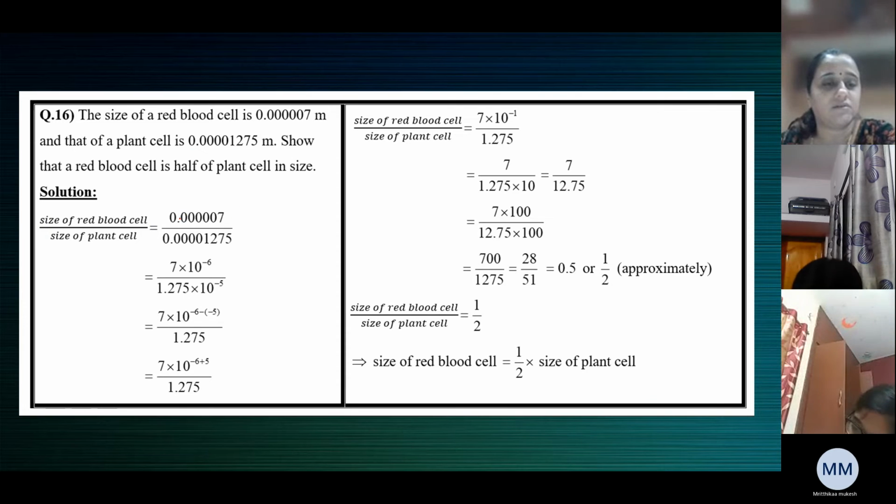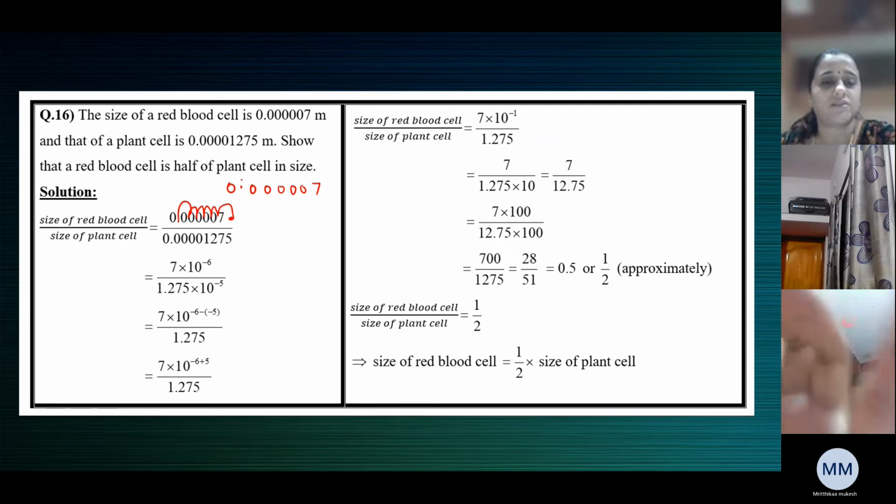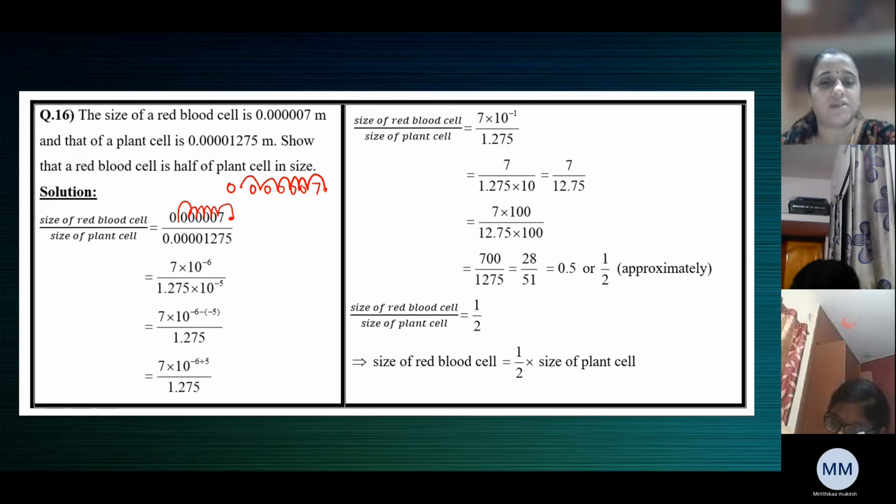So how many places? 1, 2, 3, 4, 5, 6. It should move 6 places. Only then the number becomes 7. The decimal point moves here, and it becomes 0, 0, 0, 0, 0, 0, and 7, and the decimal point comes here, which means it's only 7.